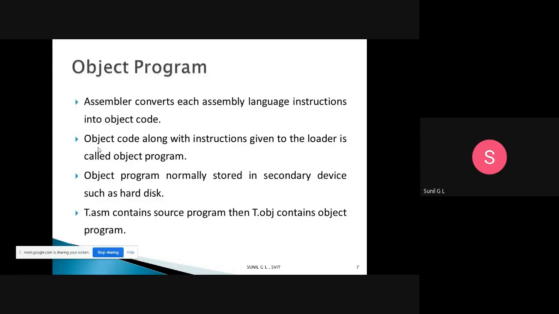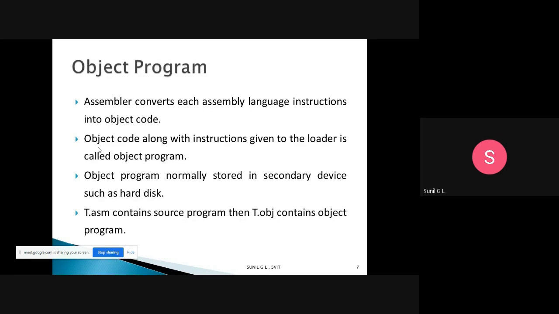Whenever we have object code along with instructions to the loader, that is, instructions to the microprocessor and instructions to the loader, both things together we call an object program.